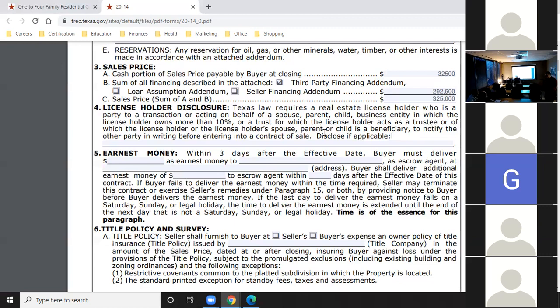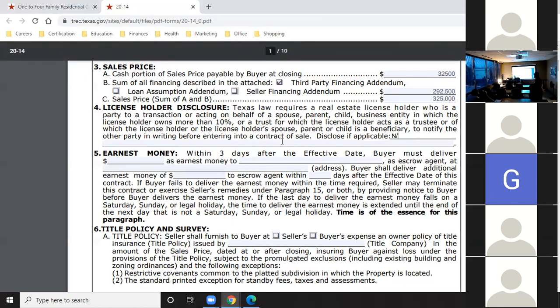That is correct. So was there any relationship in this transaction where an agent was related to somebody? No. Keith, what do you think? Everyone says no. So what if we put NA? I agree with Keith. All right, put in NA. Very good. You don't ever leave anything blank.